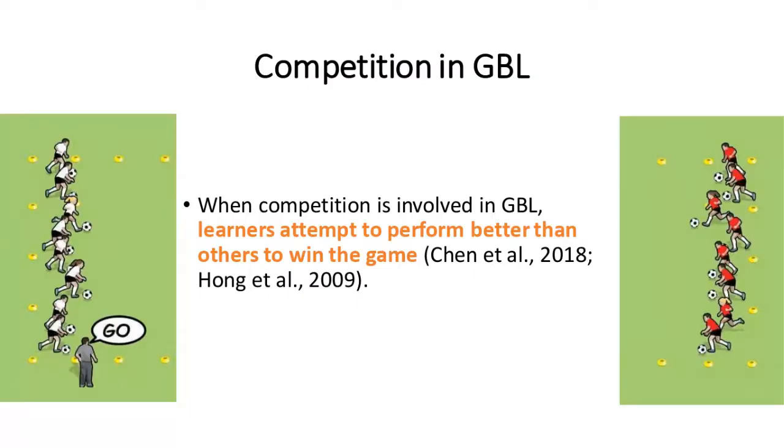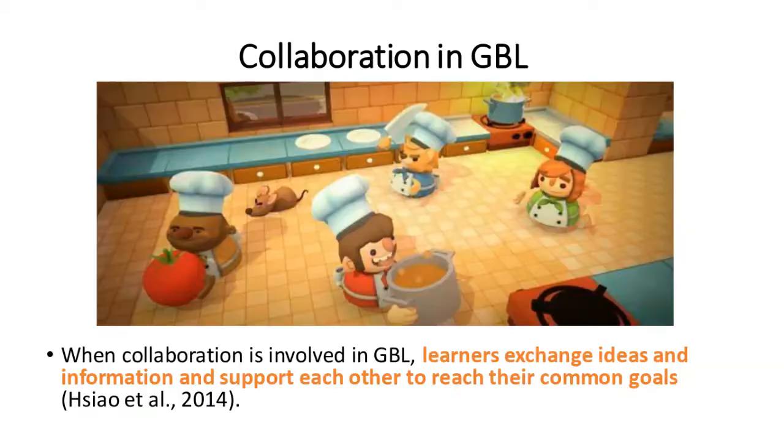The other mode is competition in game. It means that the learners in the game try to perform better than others to win this game. The third mode is collaboration. In collaborative mode, students work in teams in the process of game-based learning. In the process, they exchange ideas, information, and support each other to reach their common goals.